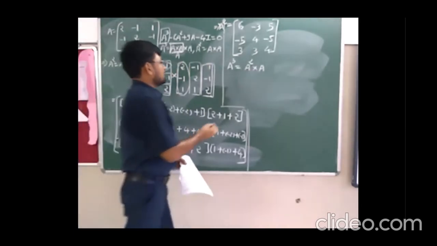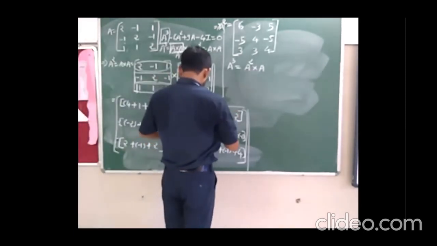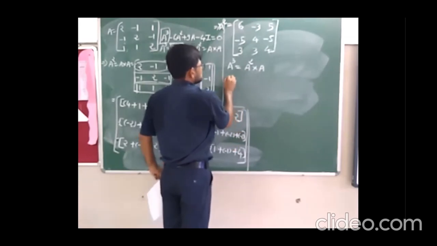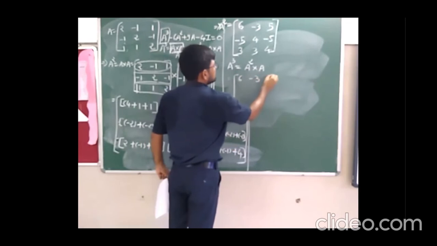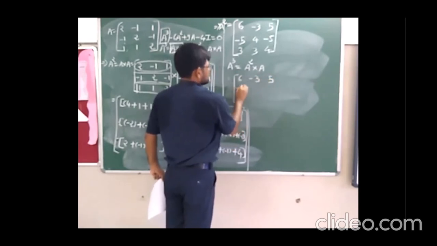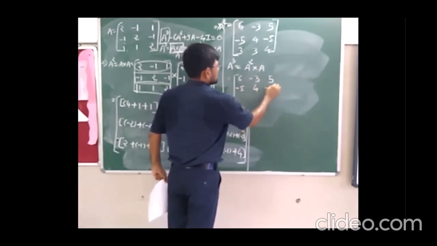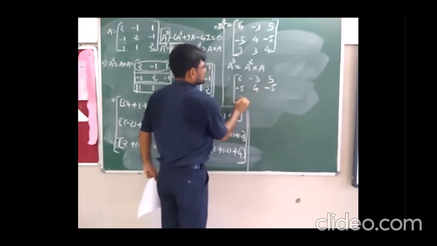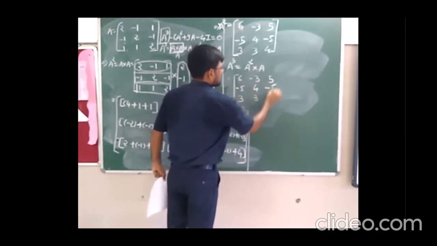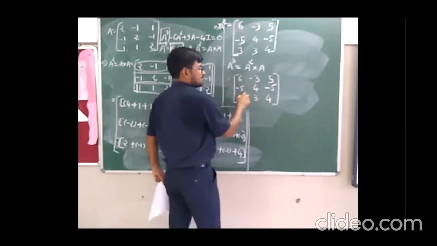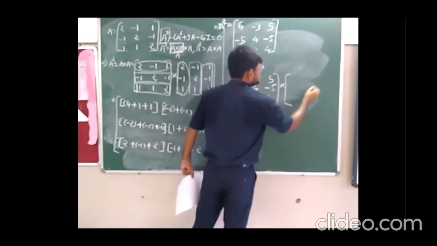Okay. So now again we'll multiply this matrix a square, 6 minus 3 5, minus 5 4 minus 5, 3 3 4. This is a square into a.